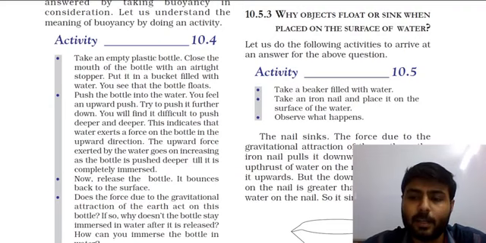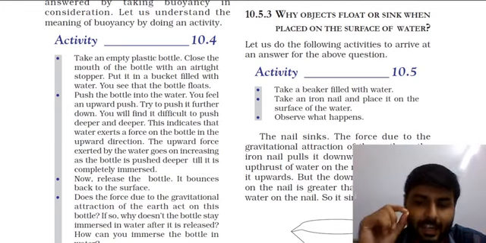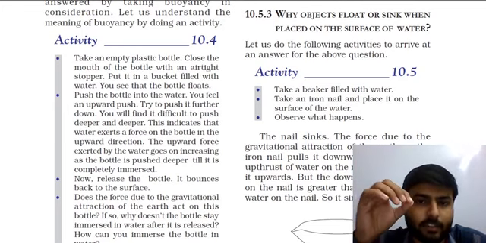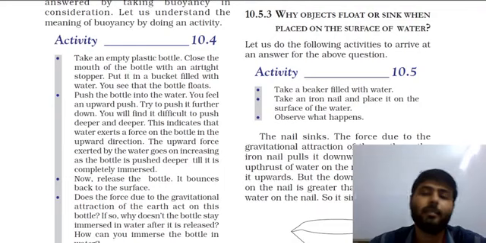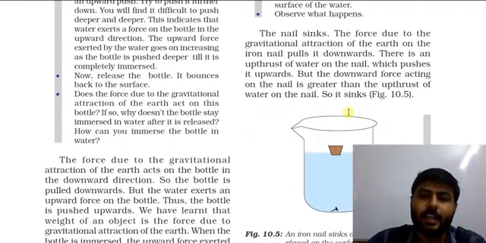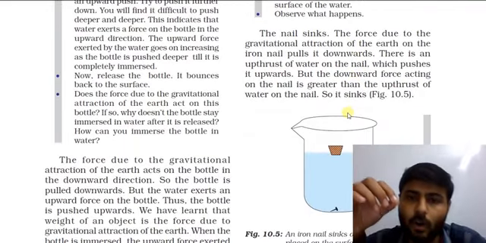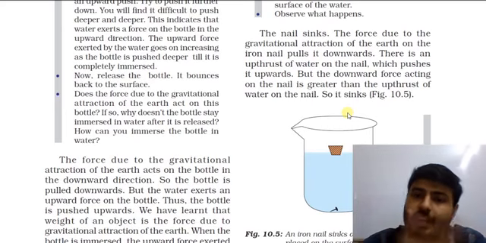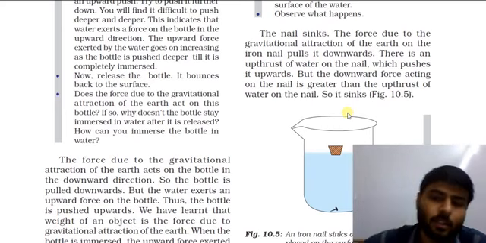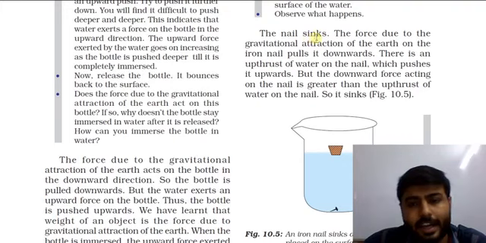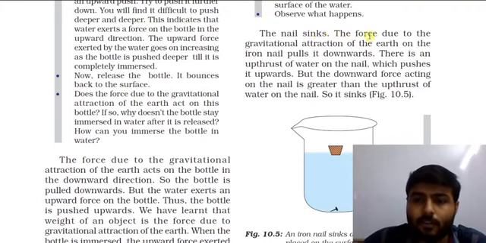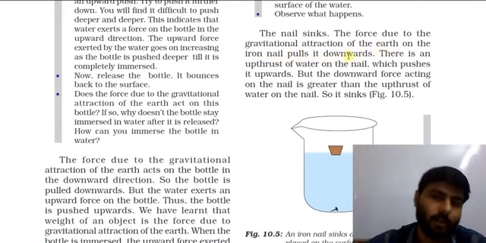We have activity number 10.5 here. Take a beaker filled with water. Take an iron nail and place it on the surface of water. Observe what happened. Now we know that if we put an iron nail on top of the water, the nail sinks. The force due to the gravitational attraction of Earth on the iron nail pulls it downward.